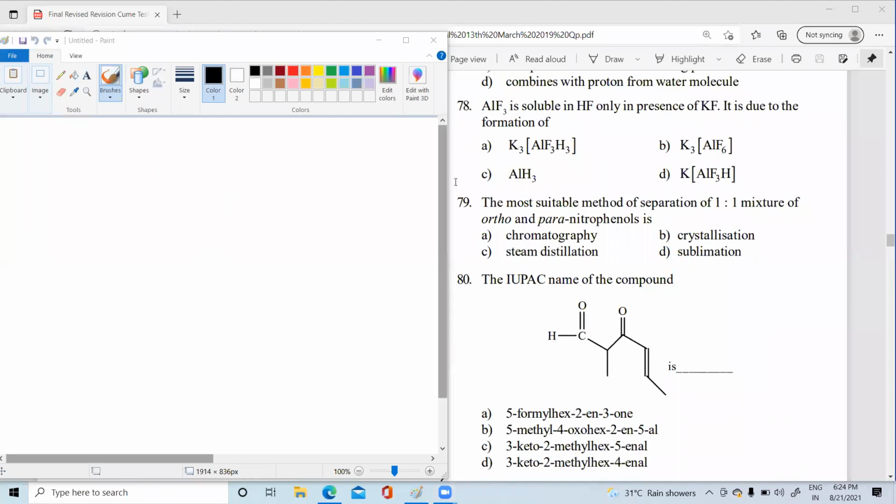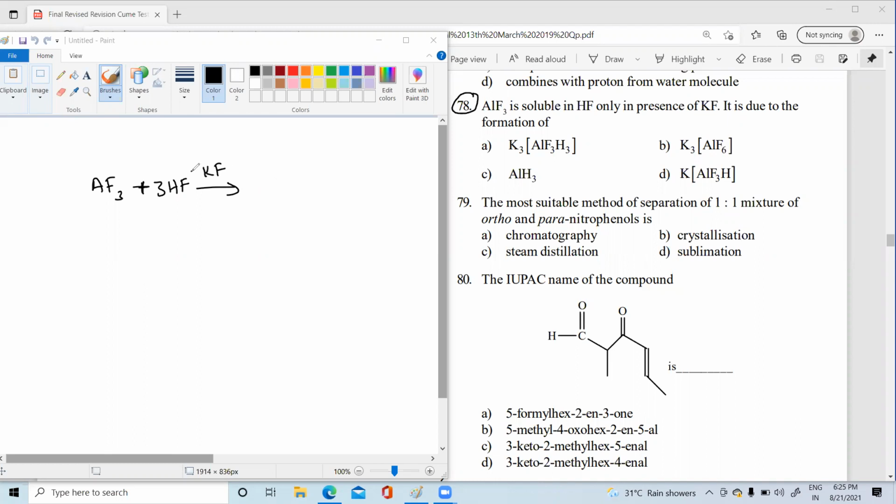Next, students, question number 78, a very easy question. AlF3 is reacting with HF. It will lead to the formation of a complex. AlF3 will react with HF, students. Here 3 moles of HF, it will be soluble because it forms a complex in the presence of KF.